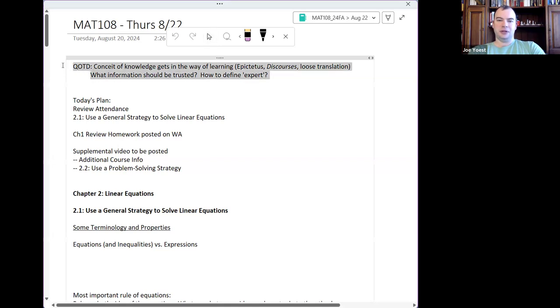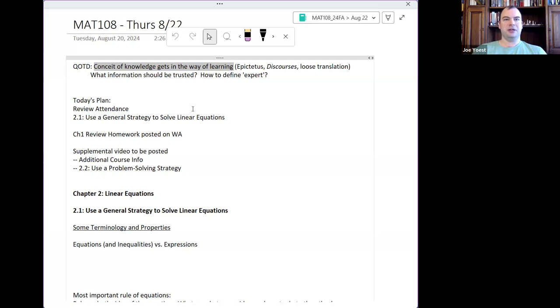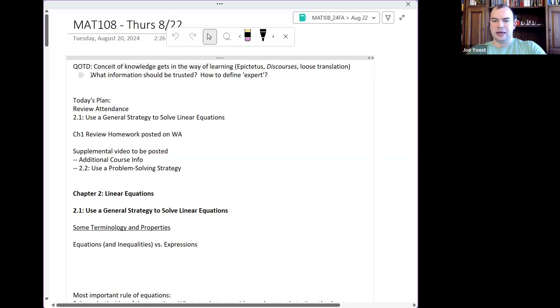All right, and the quote of the day today is from the Greek philosopher Epictetus. This is a very loose translation, but something along the lines of conceit of knowledge gets in the way of learning. Or in other words, when we feel like we know everything about a certain topic, we're probably not going to keep updating our knowledge base and including more information as it becomes available. We're in an interesting age these days.